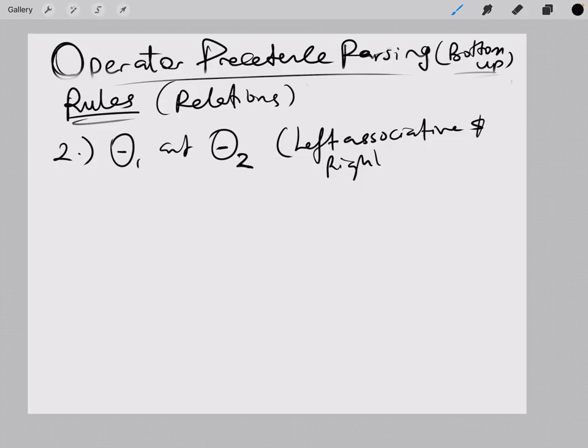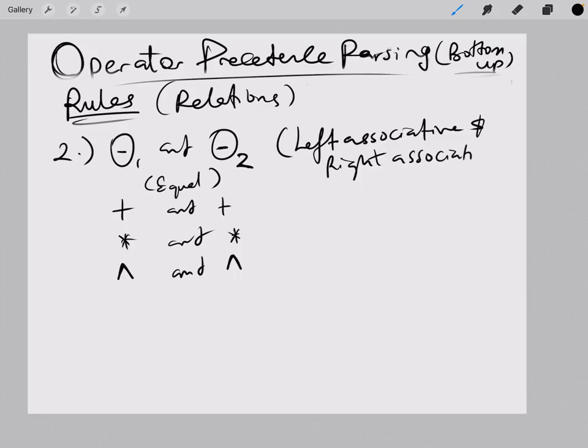But these guys are actually of equal precedence. So let's say we have plus and plus, or star and star, or this and this. So what is left associative and right associative?